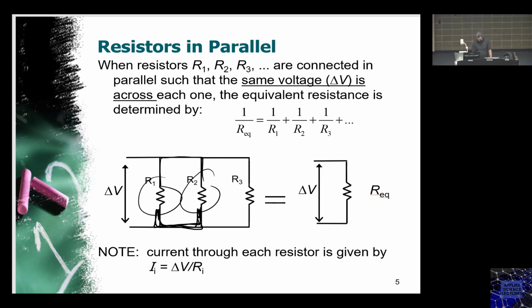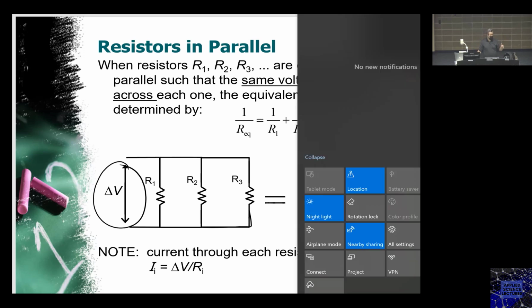And also R3 is sharing that with them. And this makes three of them connected in parallel. And if you have two components connected in parallel, this means they share the same potential difference. This is extremely important. So the delta V I'm seeing here is the same across R1, the same across R2, and it's the same across R3.